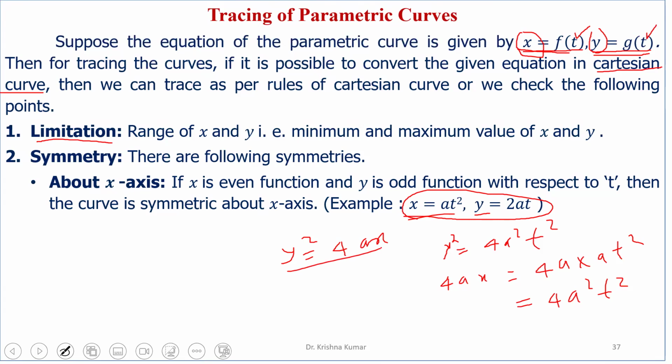It is a parabola which is symmetric about the x-axis like this.